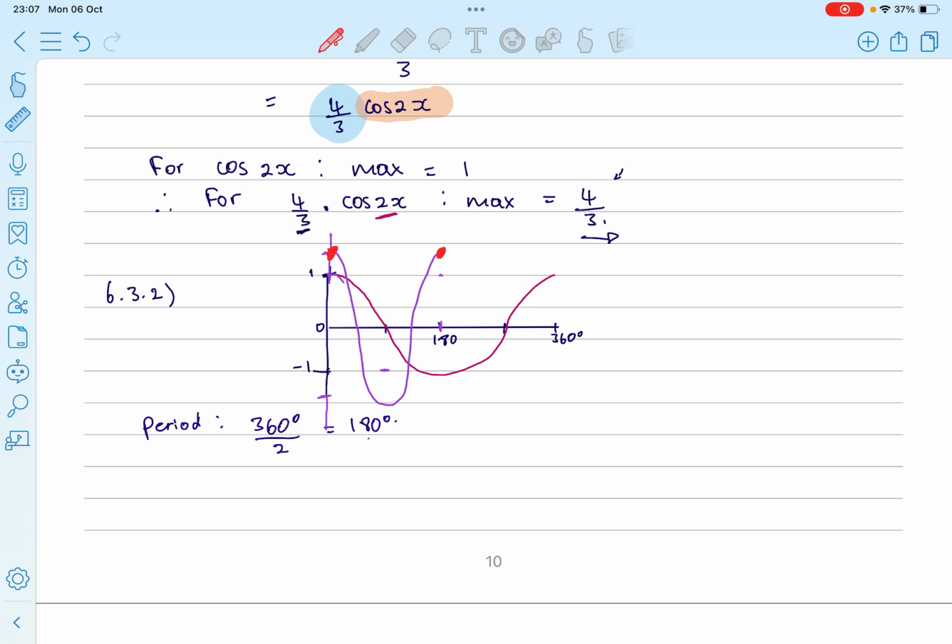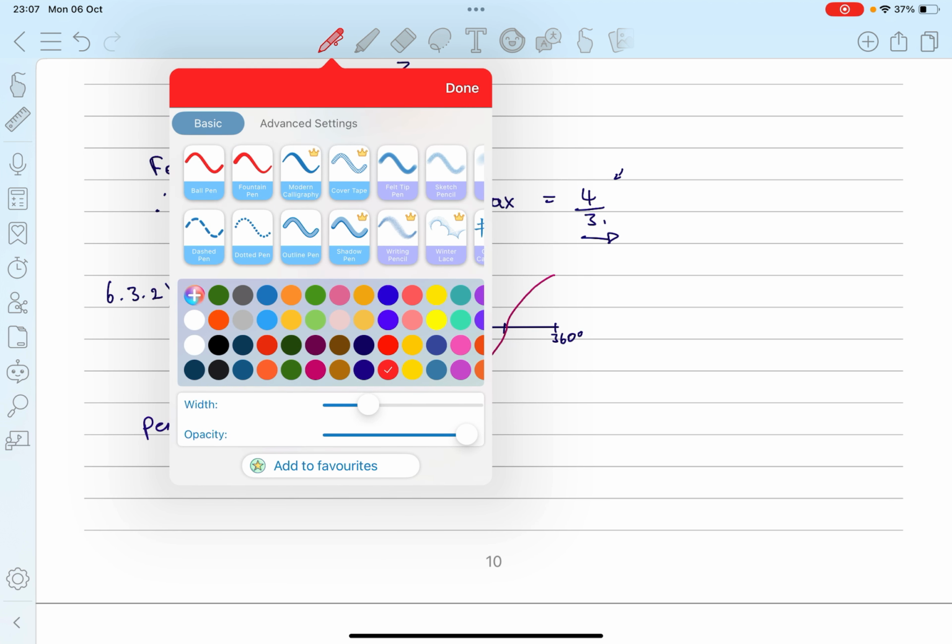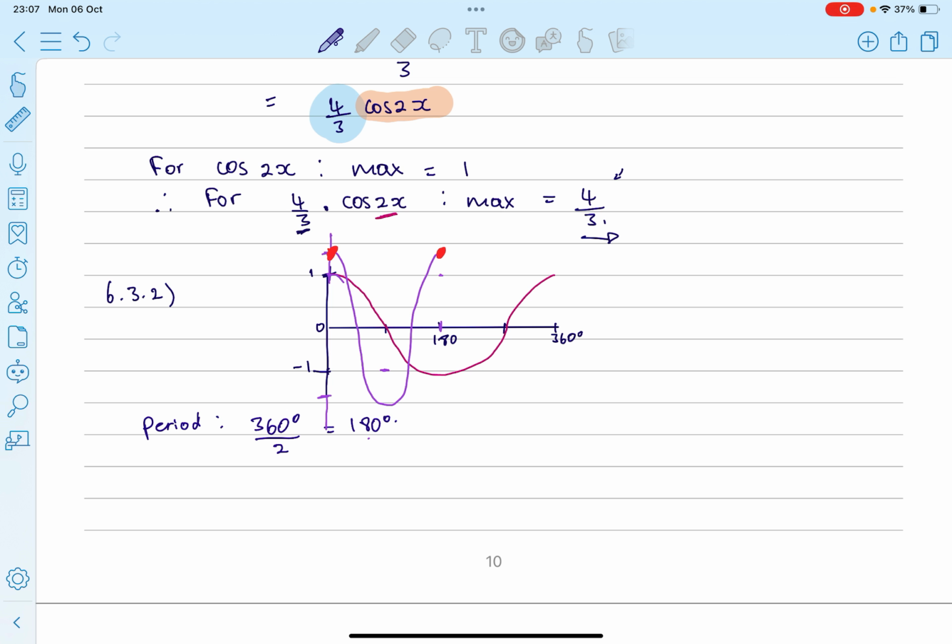So if 0 is excluded, the only other smallest value that will give you a maximum is 180. So therefore, our final answer is x is equal to 180 degrees.